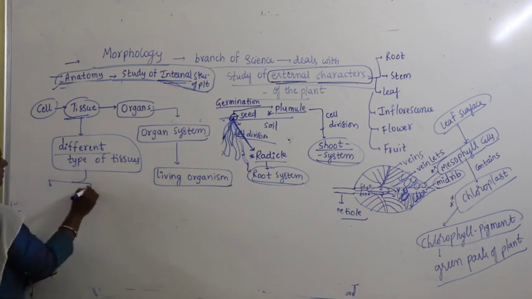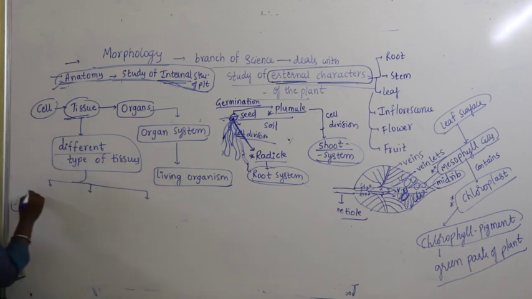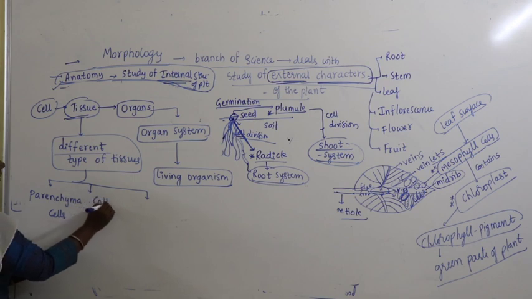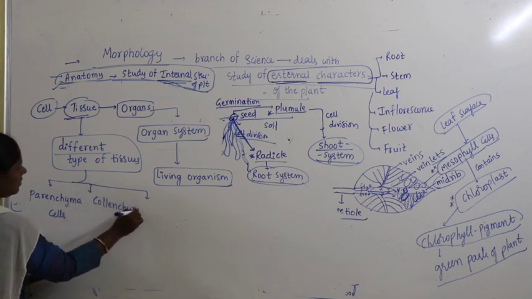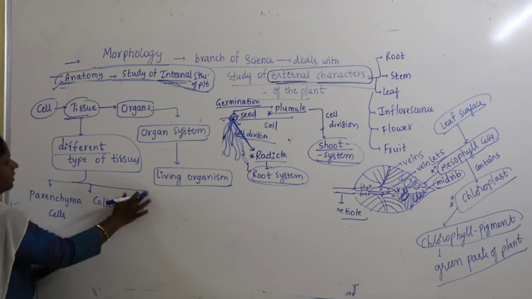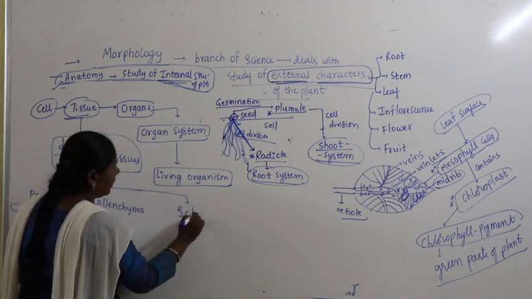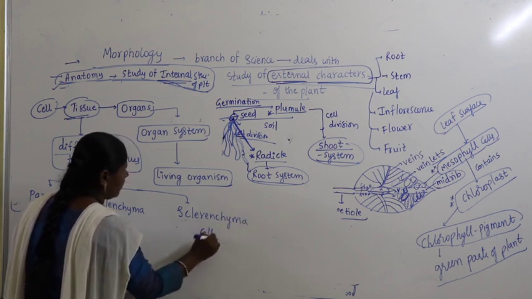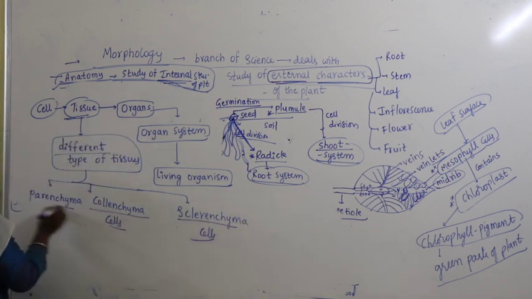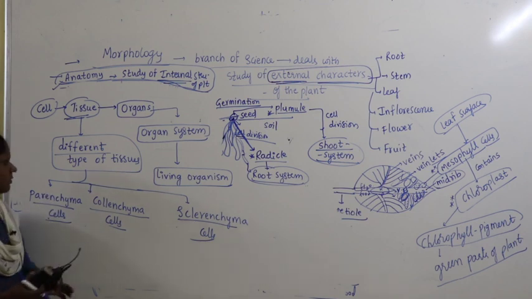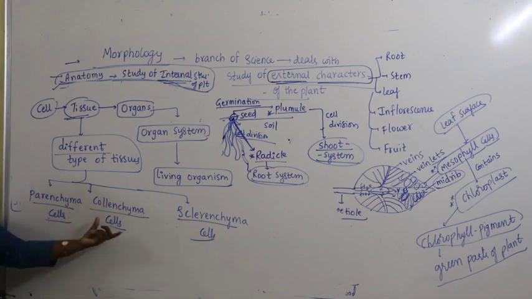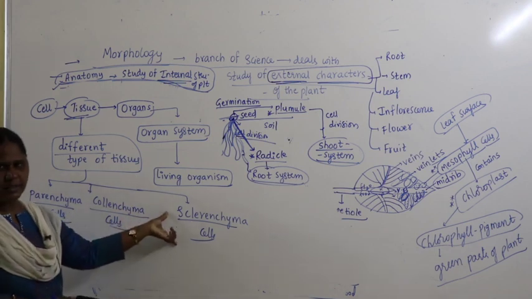We find three types: parenchyma cells, collenchyma cells, and then sclerenchyma cells.